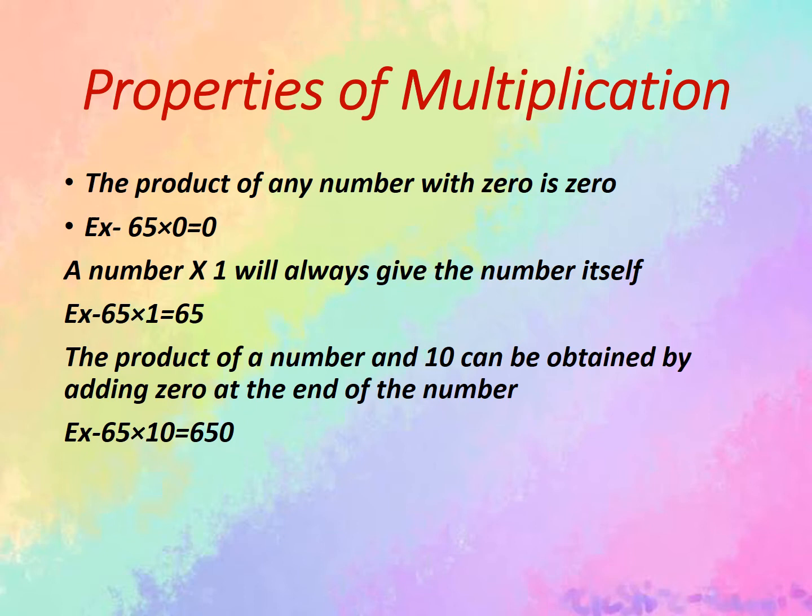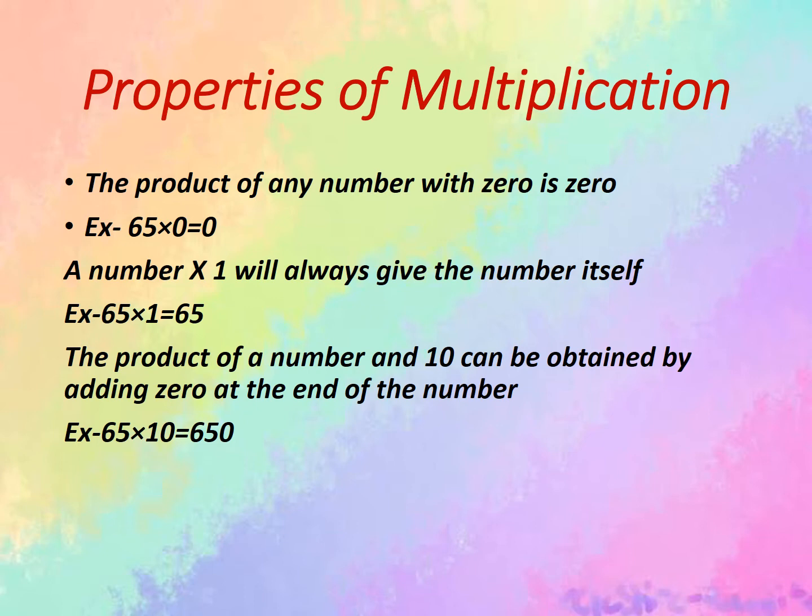What is written in the second point? A number multiplied by 1 will always give the number itself. In simple words, when you multiply a number with 1, you get the number itself as a product. Example given, 65 multiplied by 1, the answer is 65.